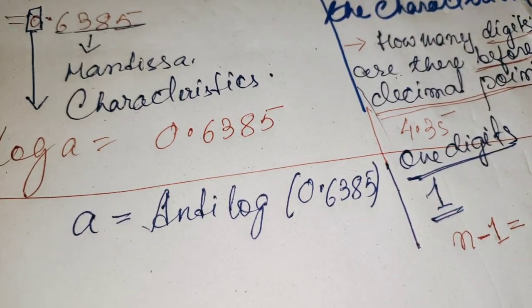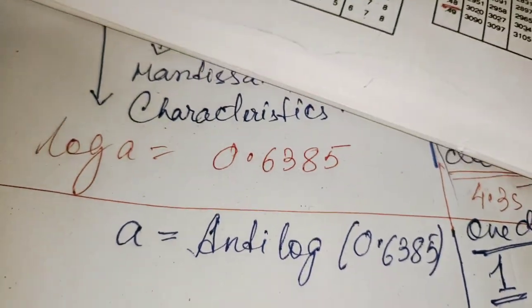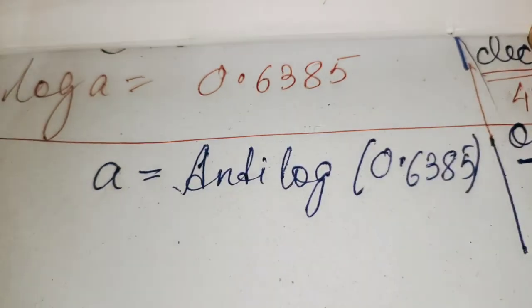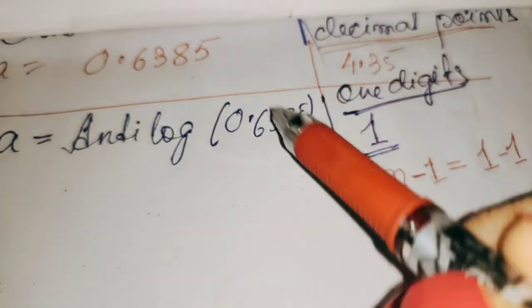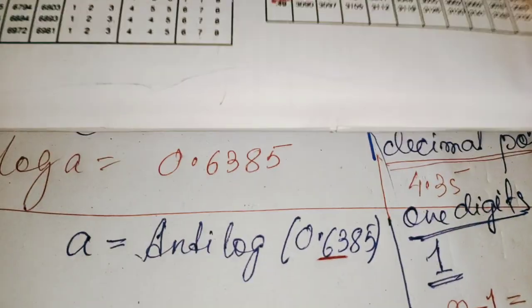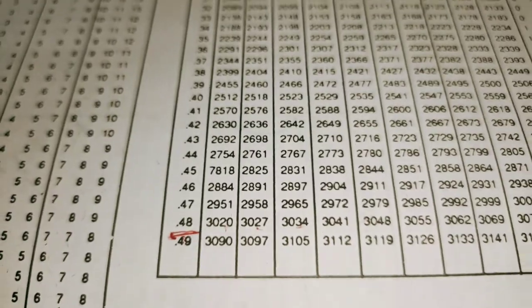0.6385. So in this case again we need an antilog table, and the antilog table is like this. Here the value starts from 0.00. So we will check where 0.63 is first. Here is 0.63; up to this it is for 0.49.